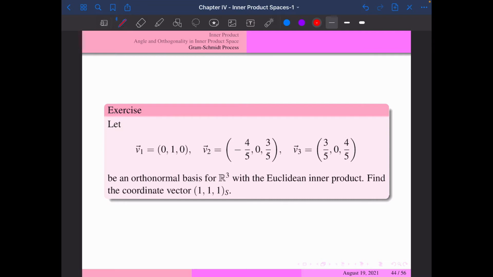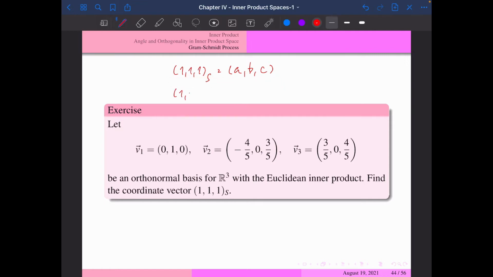What does it mean? Let the coordinate vector of (1, 1, 1) with respect to S be (a, b, c).